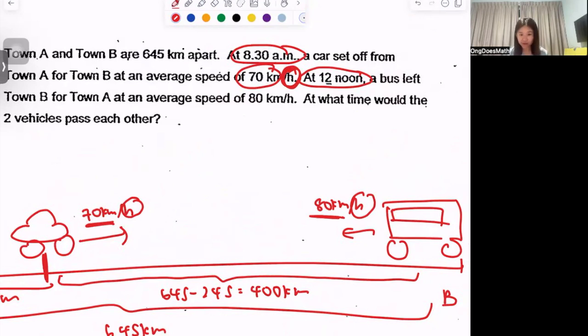So after every hour, the car and the bus are closer to each other by 70 plus 80 kilometers, which is 150 kilometers. So after 1 hour, they are closer to each other by 150 kilometers. That is how you rate your speed.